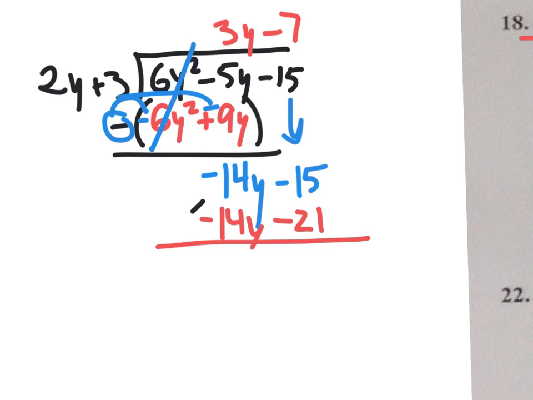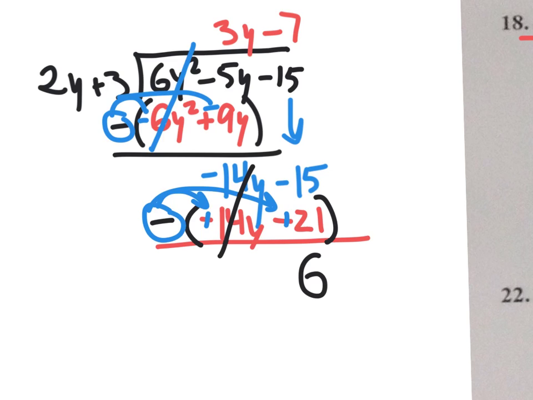Now we are subtracting, so you have to put the binomial in parentheses with the minus on the outside. And then you're going to take that minus sign and distribute it to change those signs. So you really do end up with a negative 14y and a positive 14y that cancels out. And you really do end up with a negative 15 and a positive 21. That is the remainder of 6.